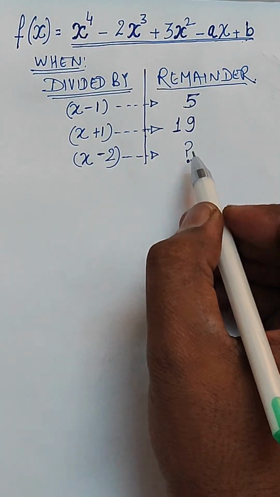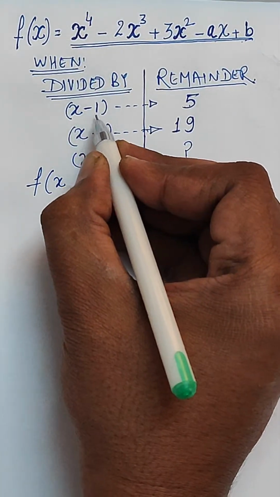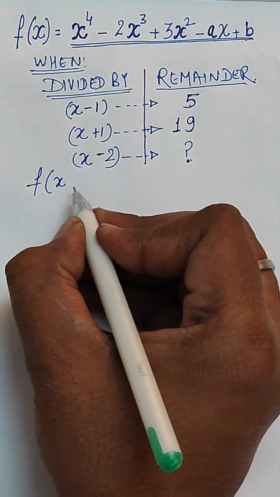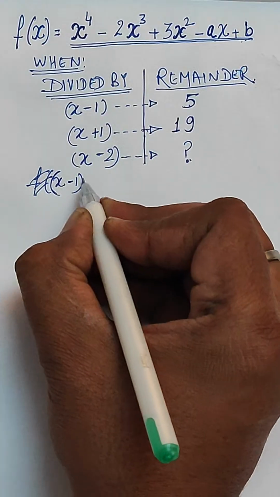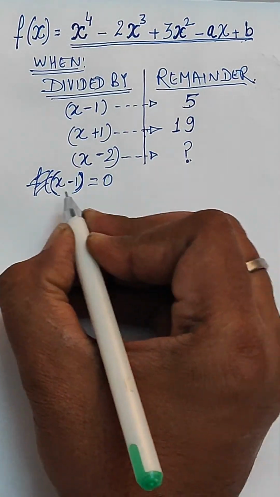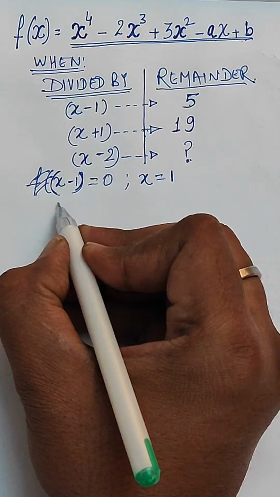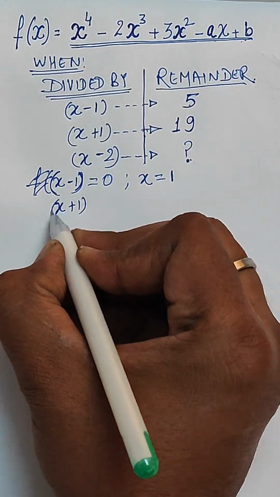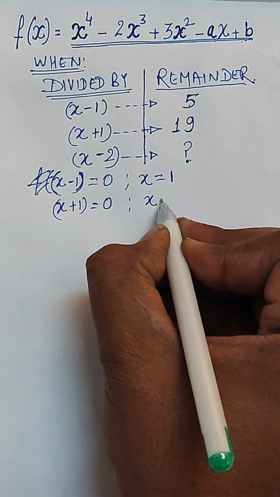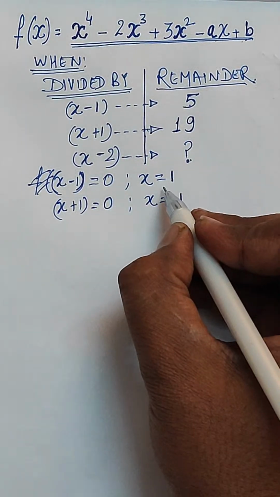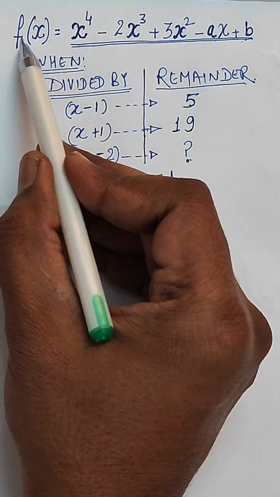Since x minus 1 is a factor, when equated to 0 it gives x equal to 1. Similarly, x plus 1 when equated to 0 gives the value of x equal to minus 1.